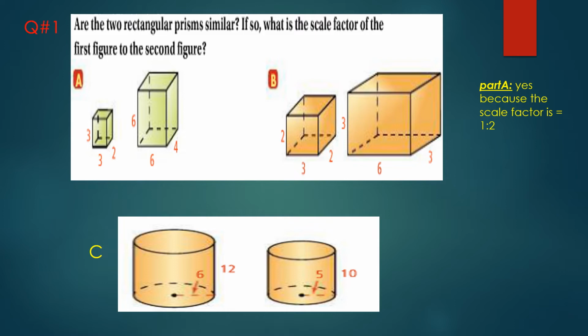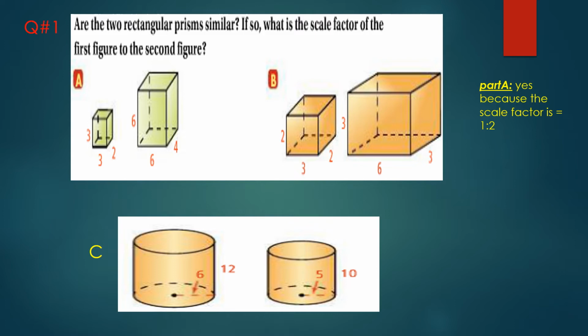In part A, as you can see from the figure, the dimensions of the first figure are given as 3, 3, 2 and the second one 6, 6, 4. So let's compare the scale factor between the dimensions from first to second.